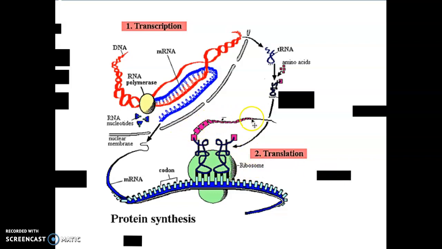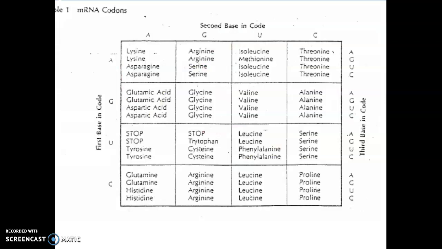This pink chain here is your developing protein, okay? The tRNA carries the anticodon, which is the opposite of the codon, only so it knows it's in the correct spot, and that is translation, okay? So transcription, turning DNA into RNA, translation, turning the RNA into an actual protein, okay?